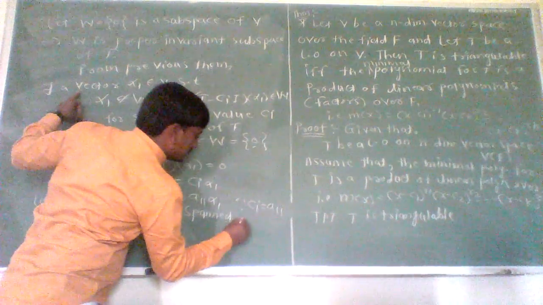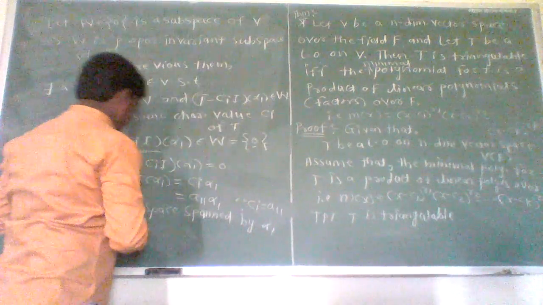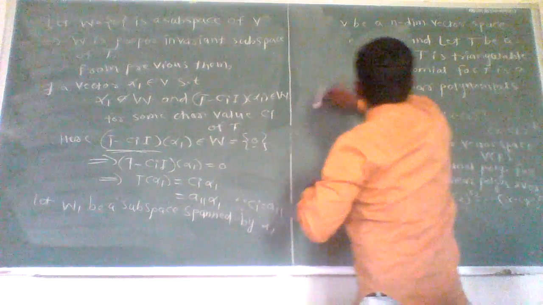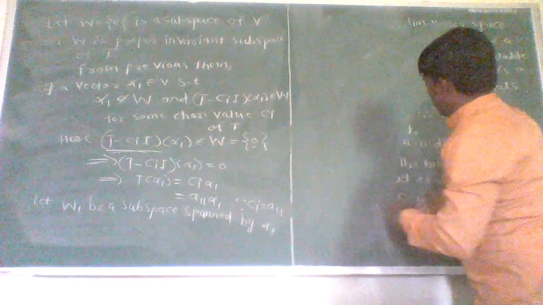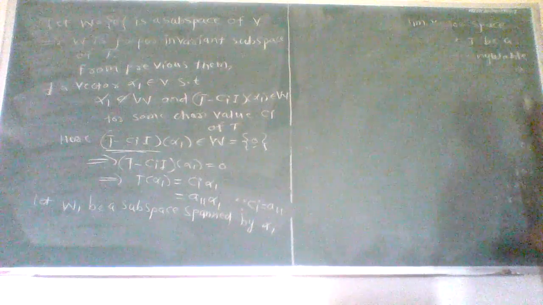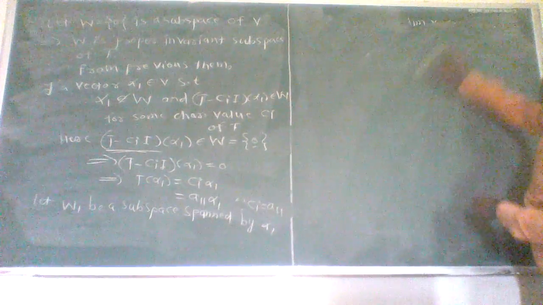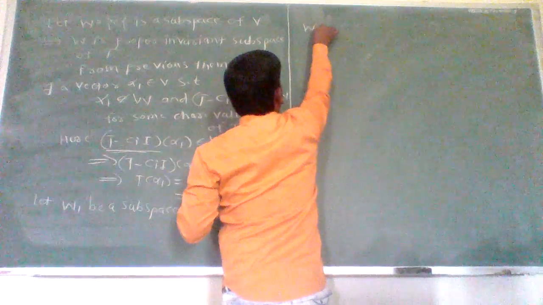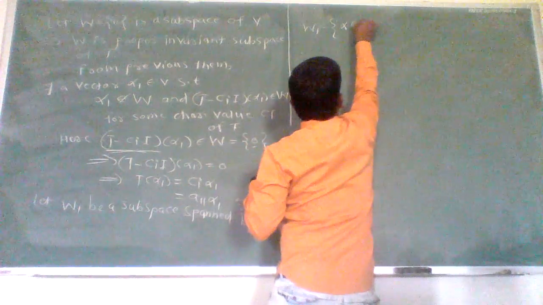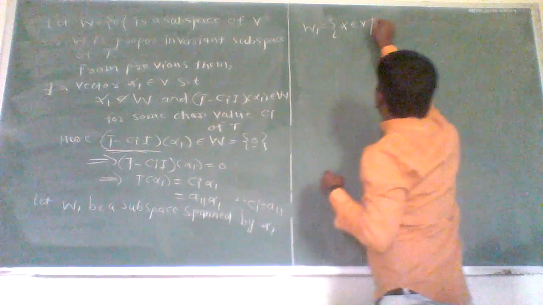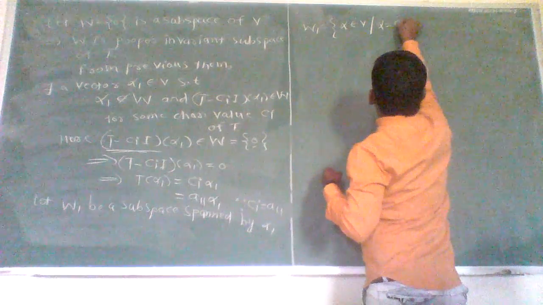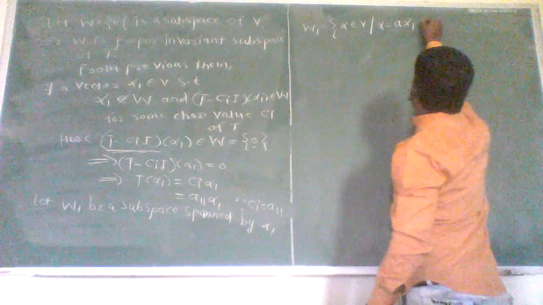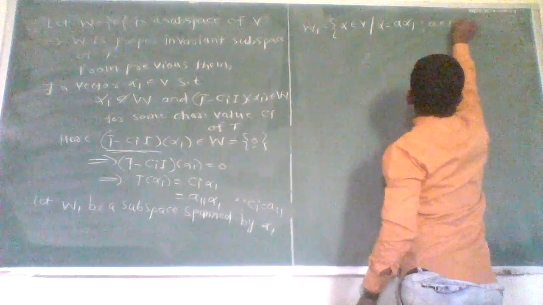Then W1 contains all vectors alpha belonging to V such that any such vector alpha can be expressed as A into alpha 1, since W1 is spanned by alpha 1, where A belongs to the field.